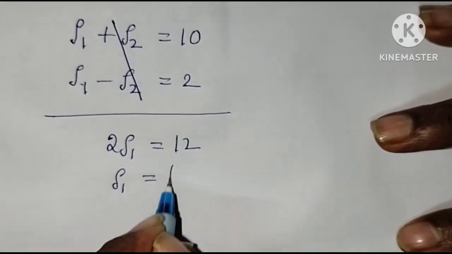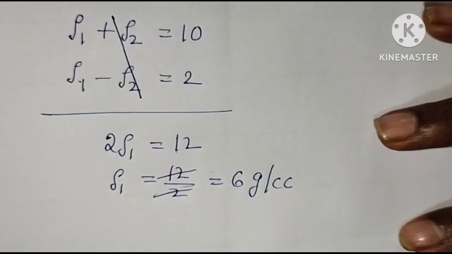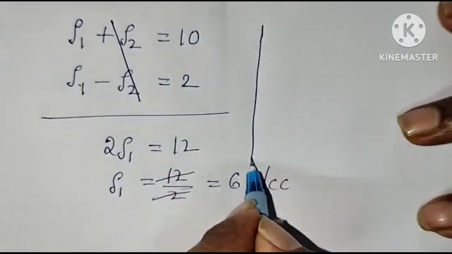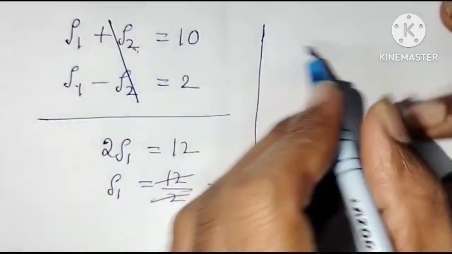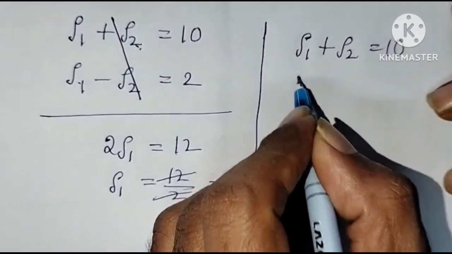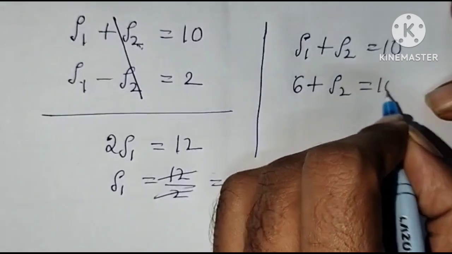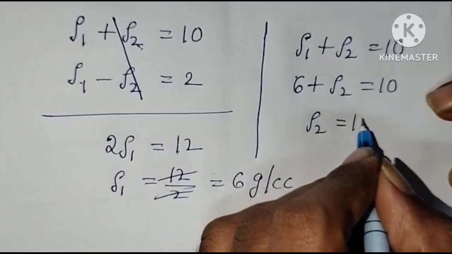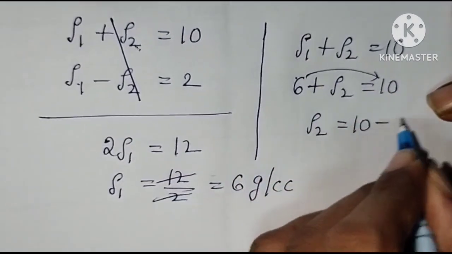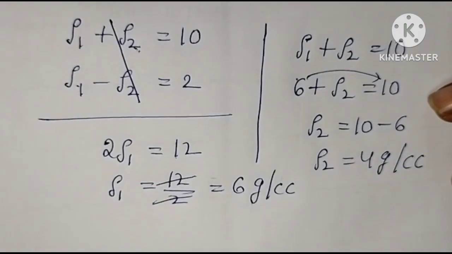Now rho 1 is 12 by 2, equal to 6 gram per cc. To find rho 2, use equation 1: 6 plus rho 2 is equal to 10, so rho 2 is equal to 4 gram per cc.